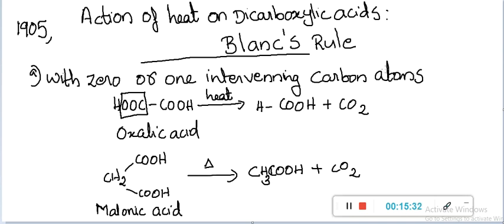Let us discuss in detail. First case, dicarboxylic acids with 0 or 1 intervening carbon atoms, which means dicarboxylic acids in which carboxyl groups are separated by 0 carbon atom or 1 carbon atom.